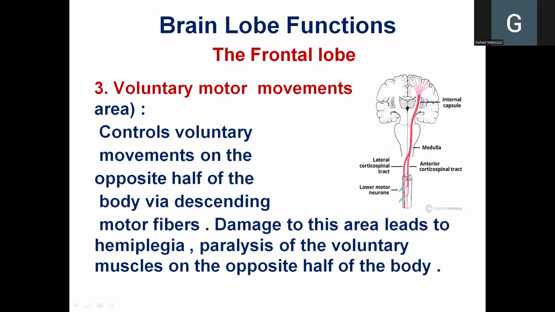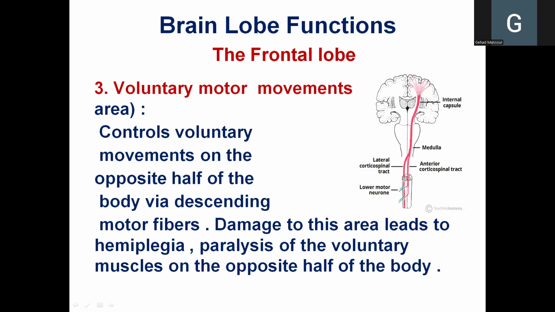You know here that the motor area, or the motor cortex, is present in front of the central sulcus. Here, of course, this is the coronal section, so you do not see the lateral aspect of the cerebral hemisphere, but this is the motor area, and you have here descending motor fibers, which we consider the upper motor neurons.